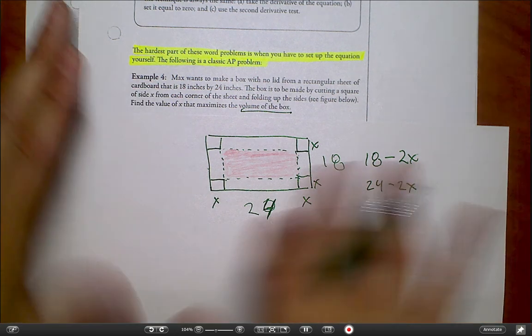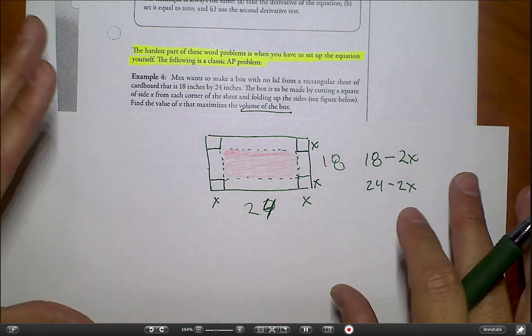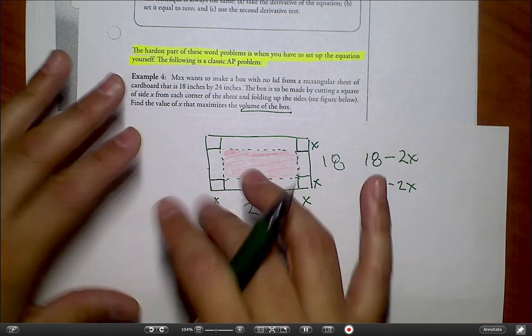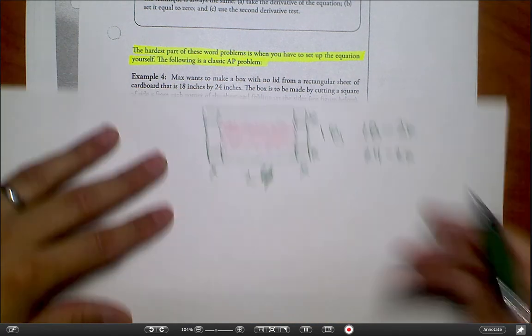So now, in this whole thing right here, I know the volume is length times width times height. So let's set that up.